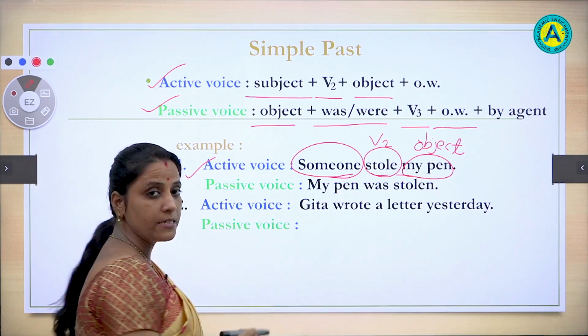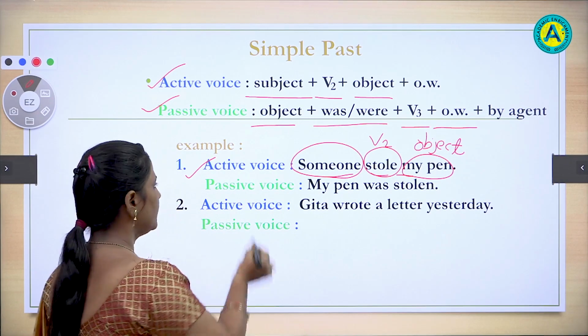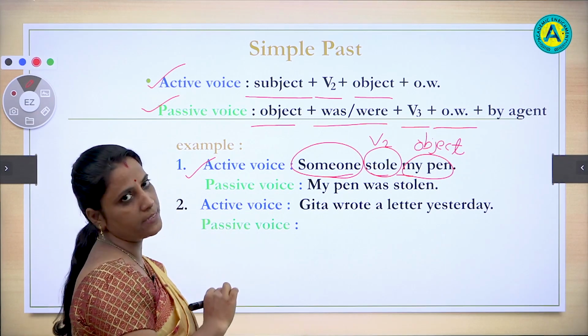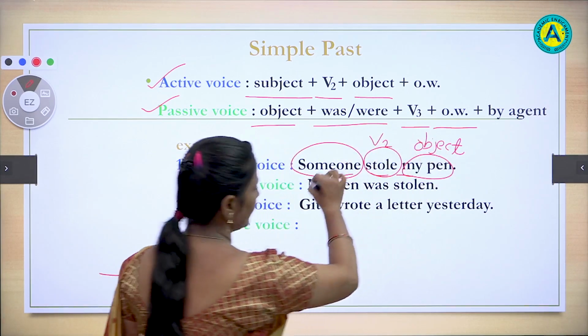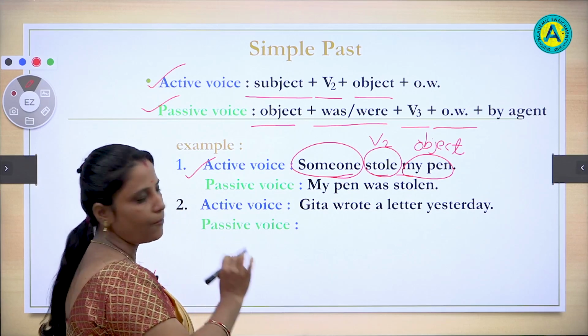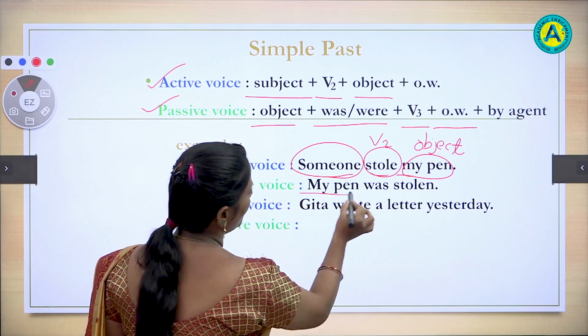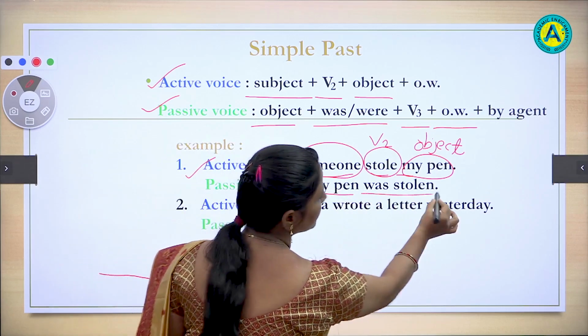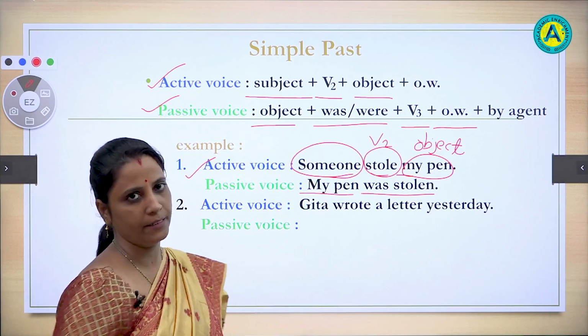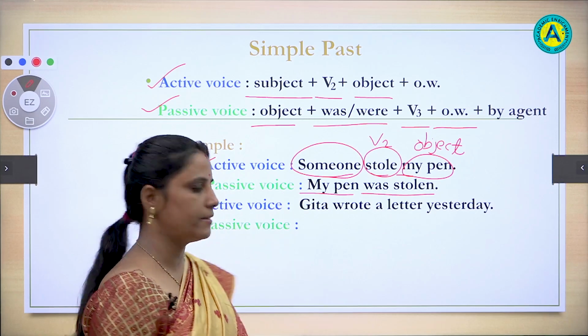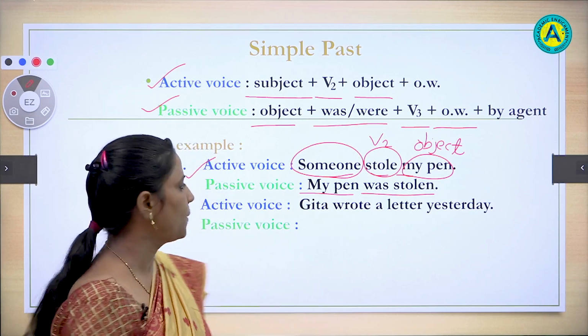So it is in simple past form. Then what is the passive form of this sentence? Yes, students, we will use the object as the subject in passive form. So here, my pen was stolen. Here we should not use by agent because someone is an indefinite pronoun.